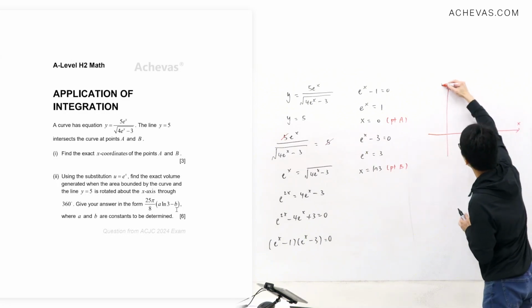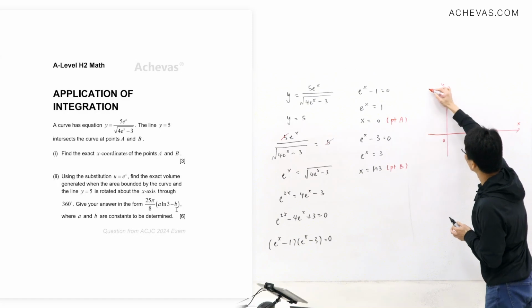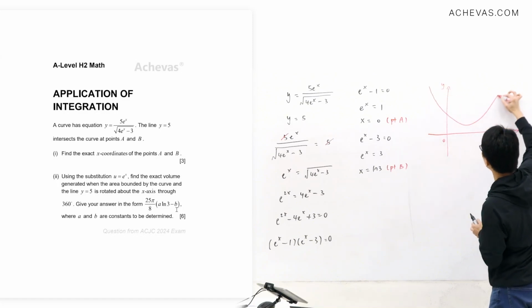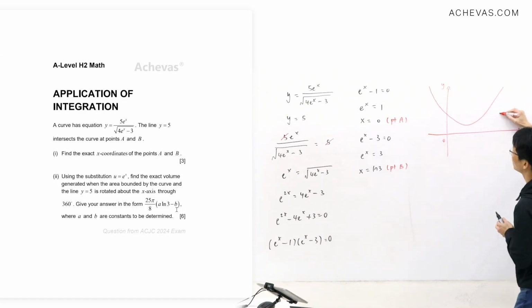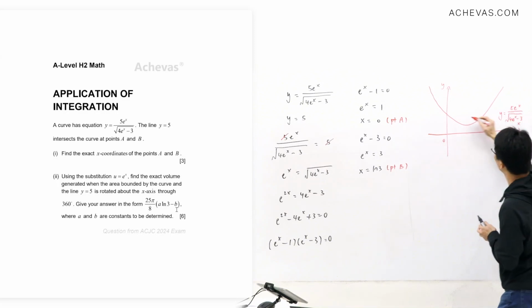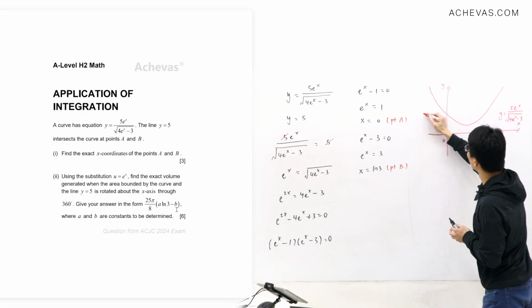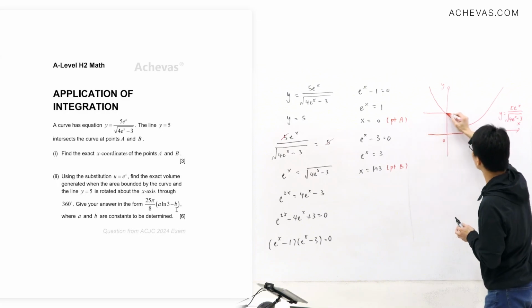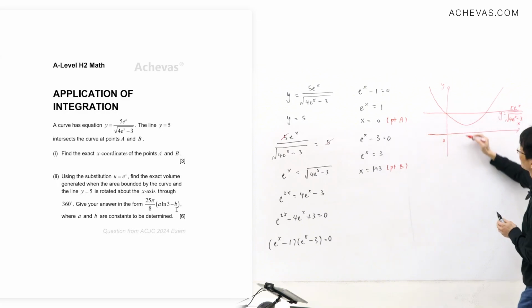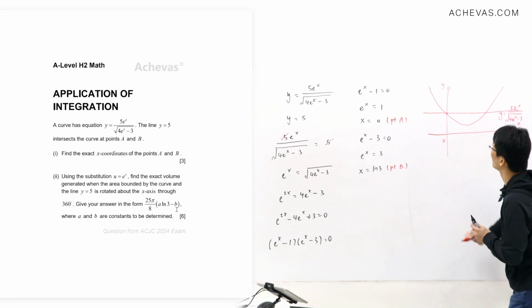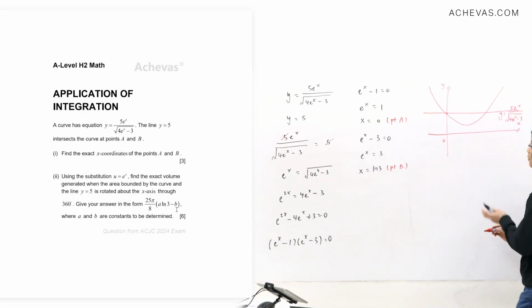When we are using the GC, I should be able to plot out this curve that looks something like this. So this will be my equation of the curve. And when we do y equals 5, I should be able to get something like this. And it seems like they will intersect at the y-axis.